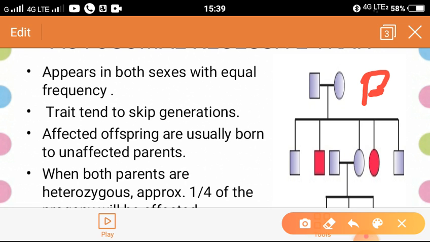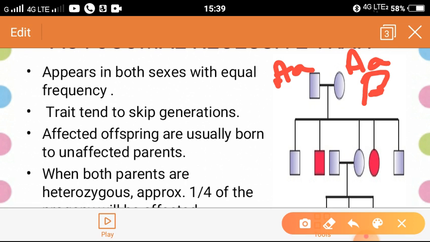How it is possible? For example, it is a recessive type of disorder. So, if both the parents are heterozygous for the disease, then in the parental generation, due to the presence of dominant allele, the recessive allele cannot express itself. Clear? Because disorder is autosomal recessive disorder.